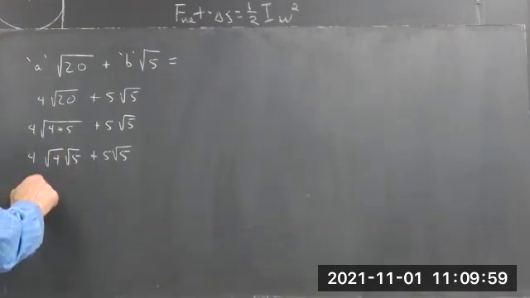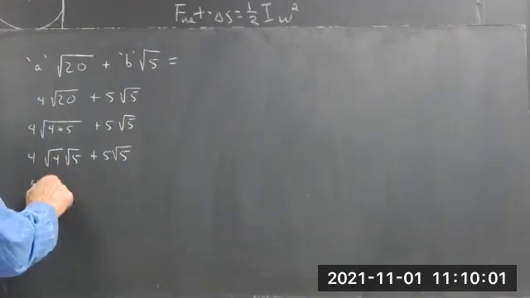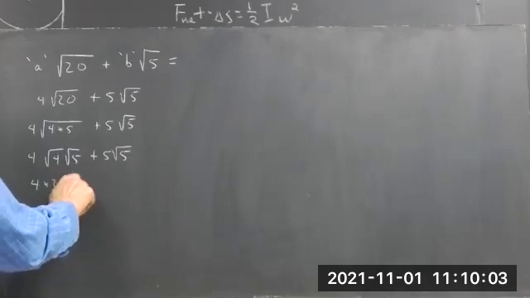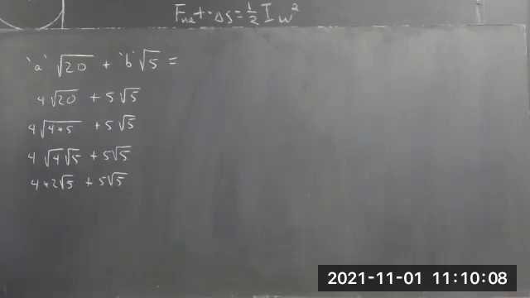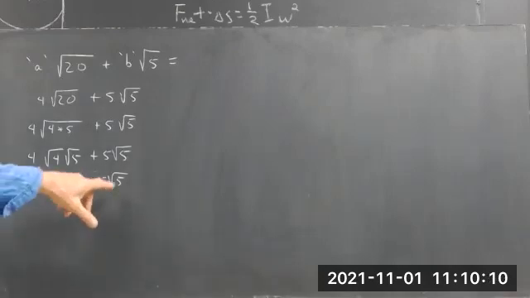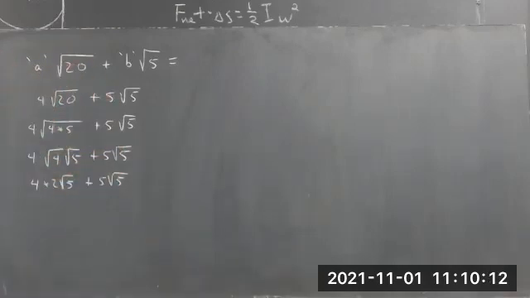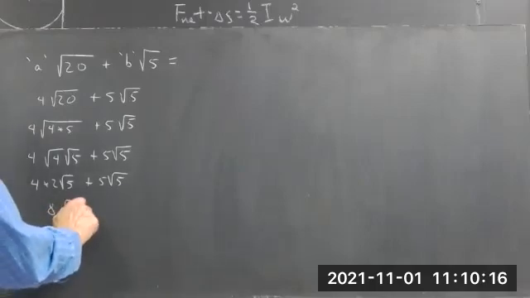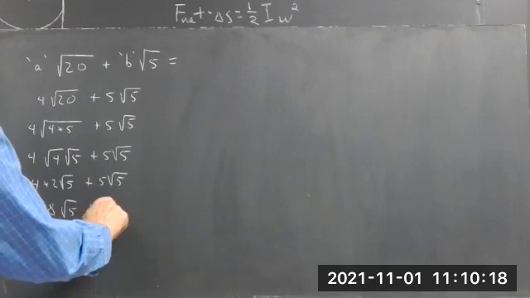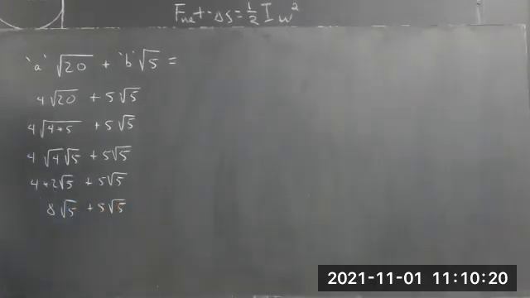Okay, well, square root of 4 is 2. So I get 4 times 2 square root of 5 plus 5 square root of 5. 4 times 2 is 8. So now I have 8 square root of 5 plus 5 square root of 5. Okay.